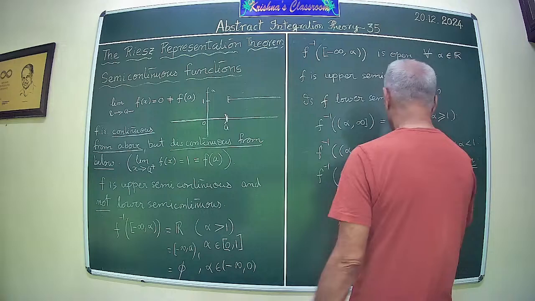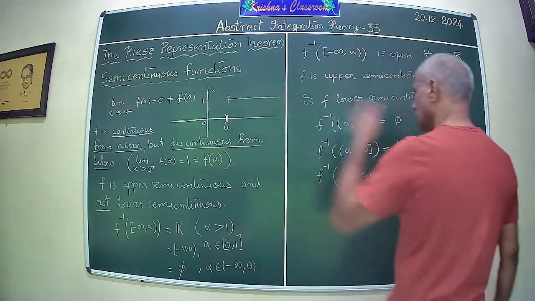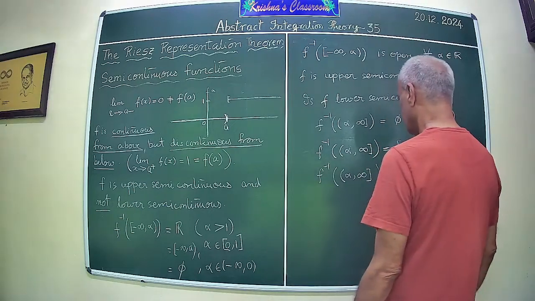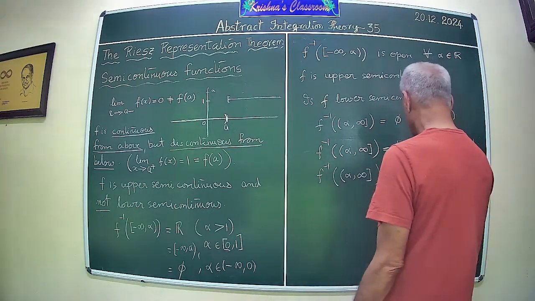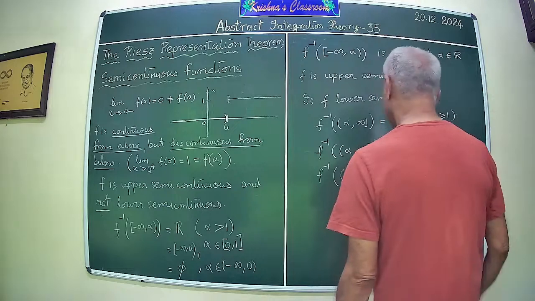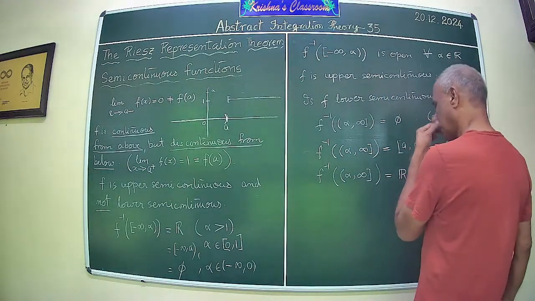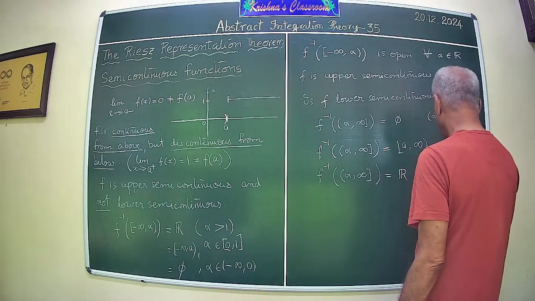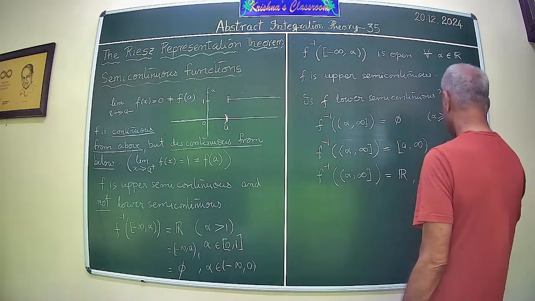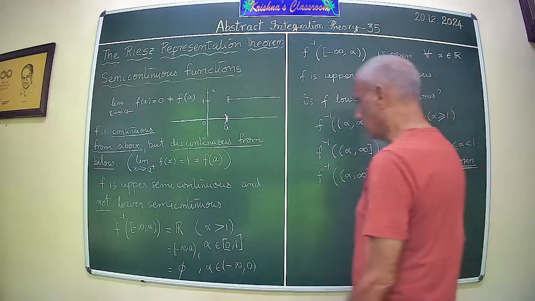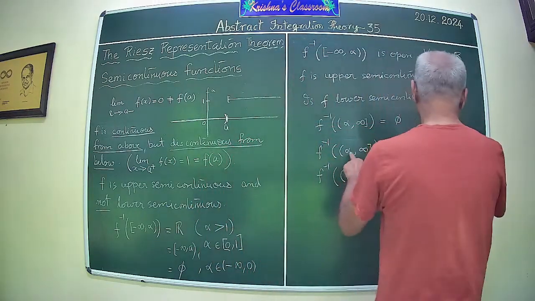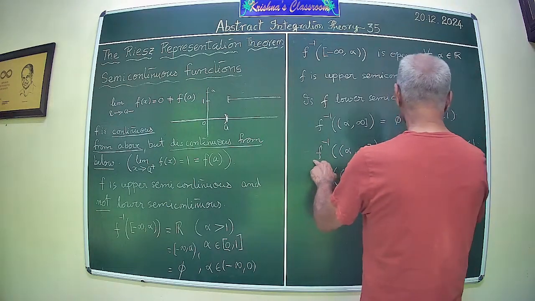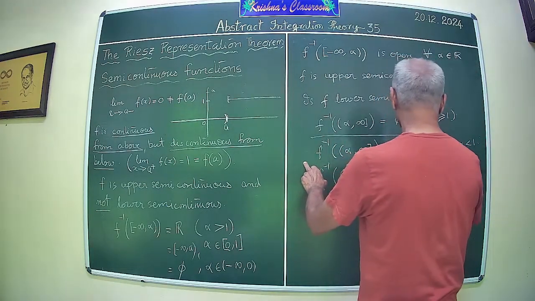In fact, this is equal to the whole of R if alpha is. So you see, what happens is for every alpha lying between 0 and 1, this is going to be not open. This is important.